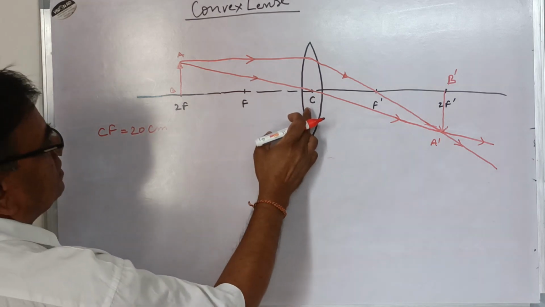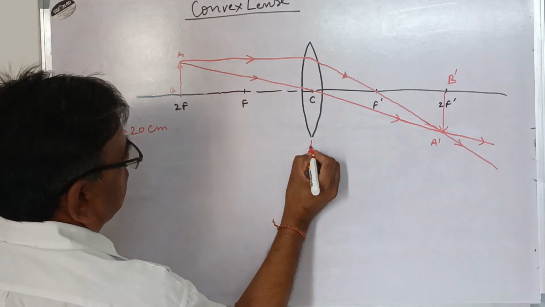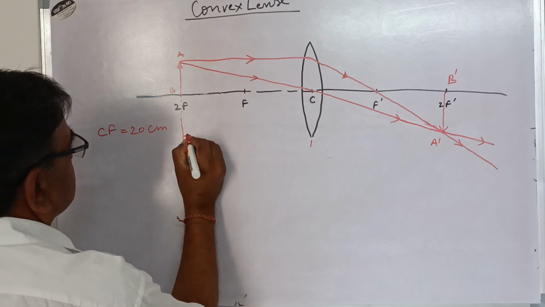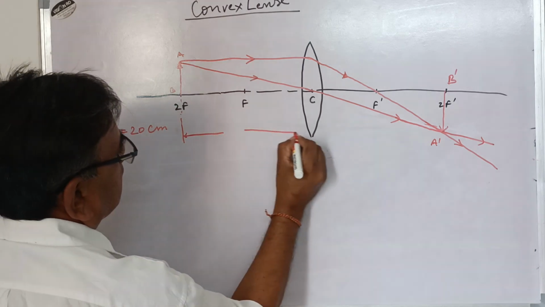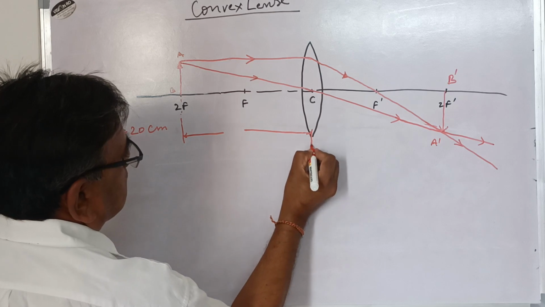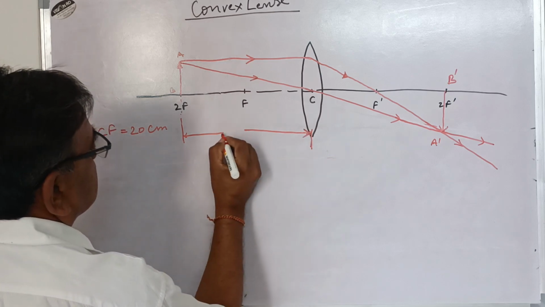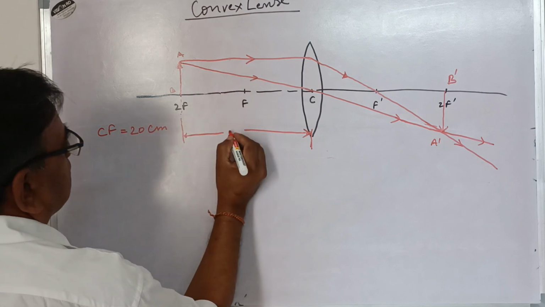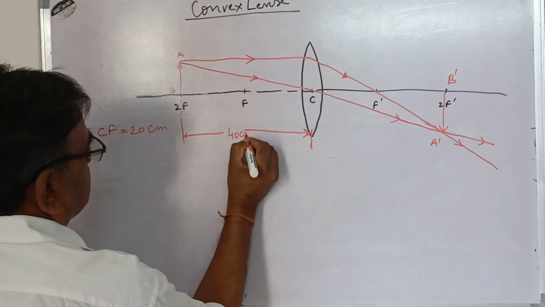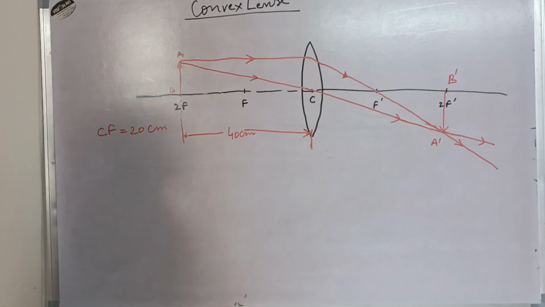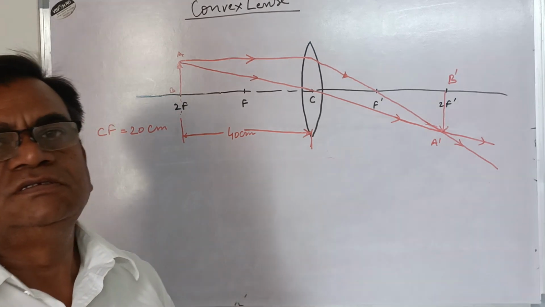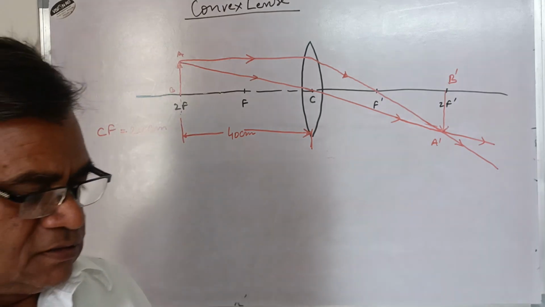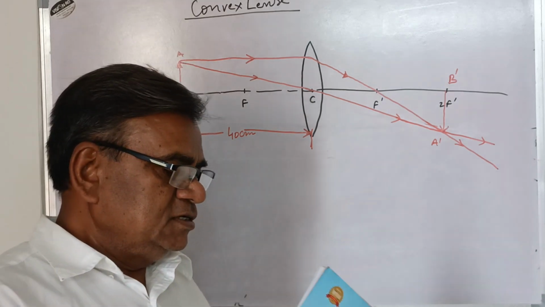Means the distance from the lens, ये distance, so it is 20, then it is also 20. This is 40 centimeter. If you read the questions carefully, you can solve the problem easily.